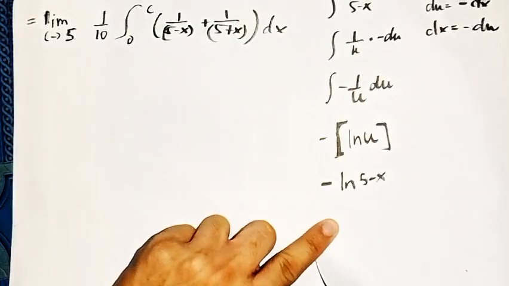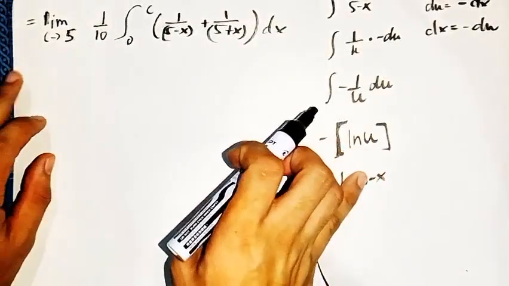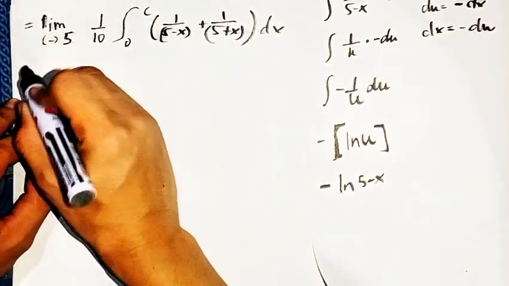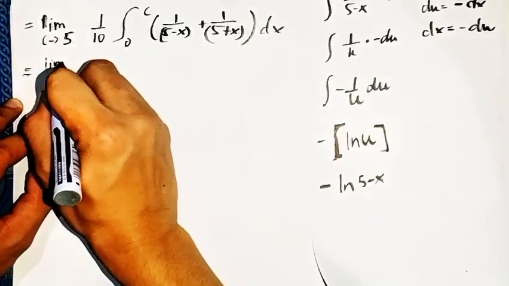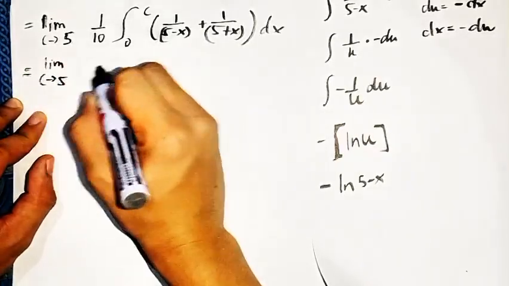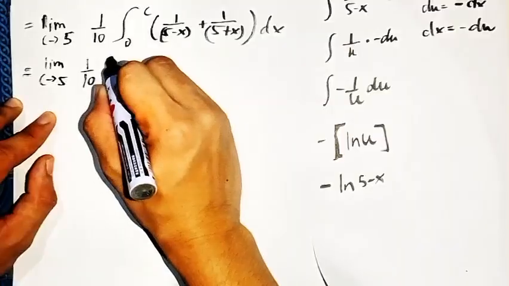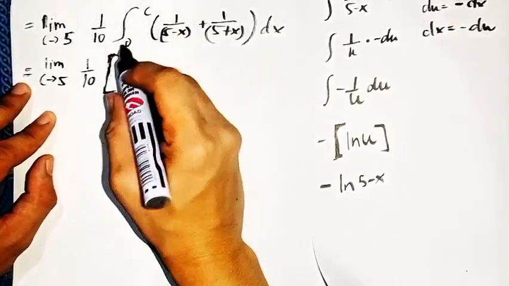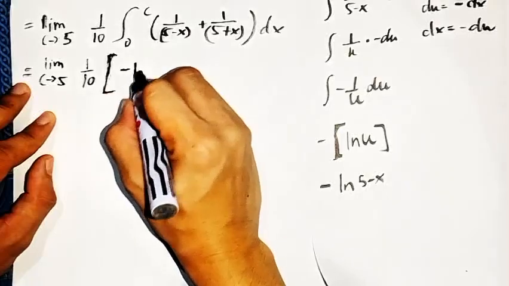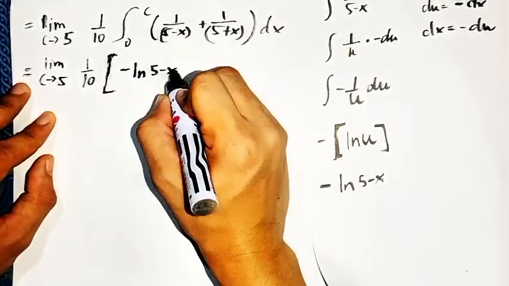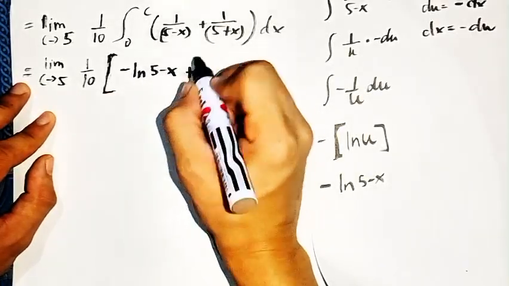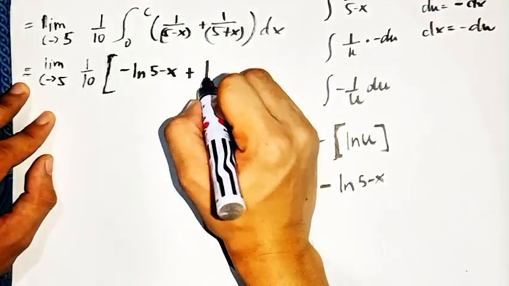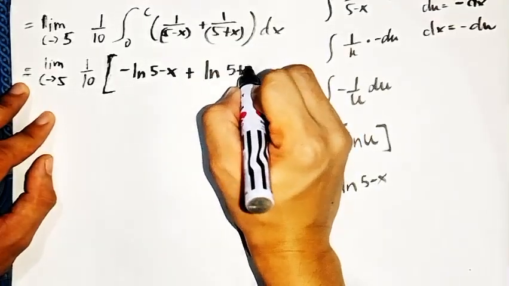So, let's substitute this to our equation. So, copy limit c approaches to 5, 1 over 10. So, ito magiging negative ln 5 minus x plus same, so magiging ln din 5 plus x.